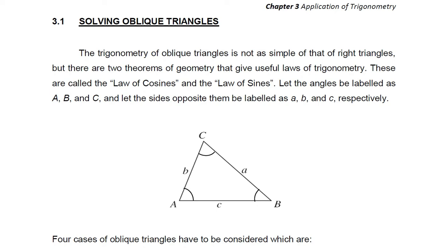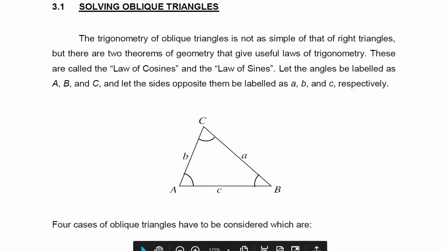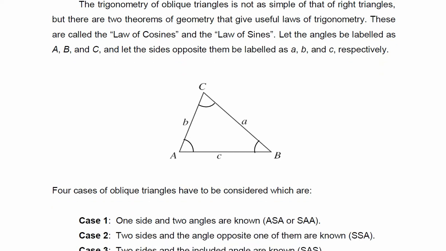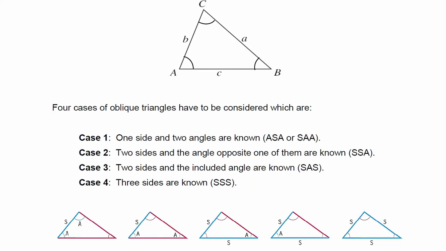Let the angles be labelled A, B, C. Capital A refers to angle A, capital B to angle B, and capital C to angle C, and small a, b, and c refer to the length of the sides. For oblique triangles, we have to consider four cases.